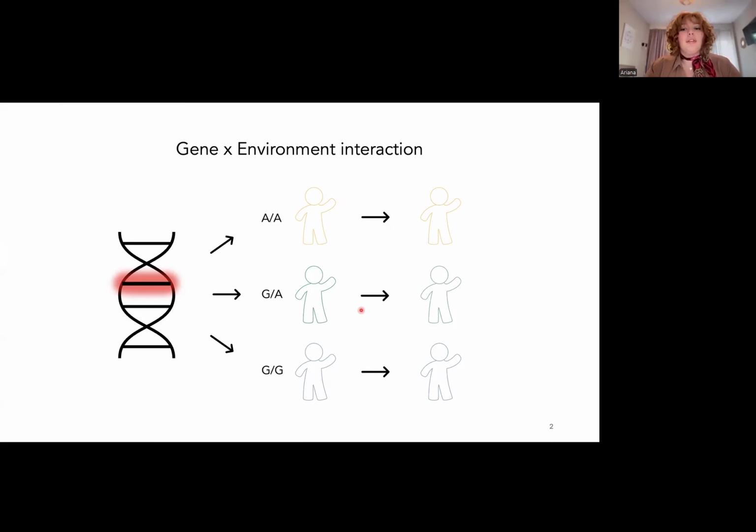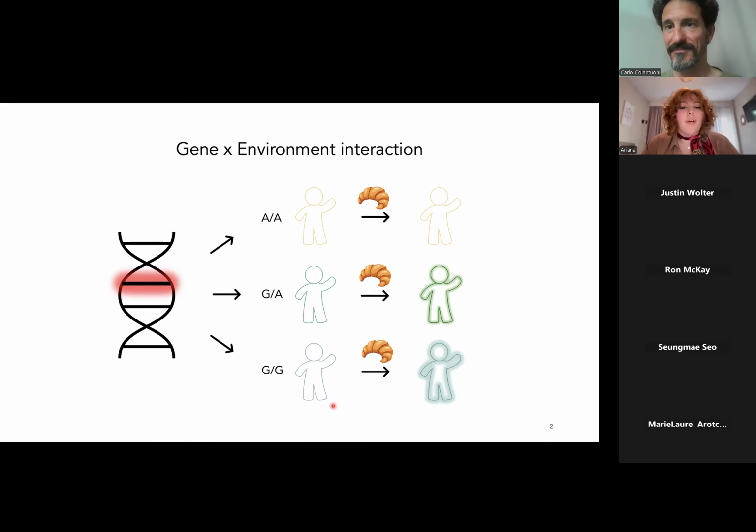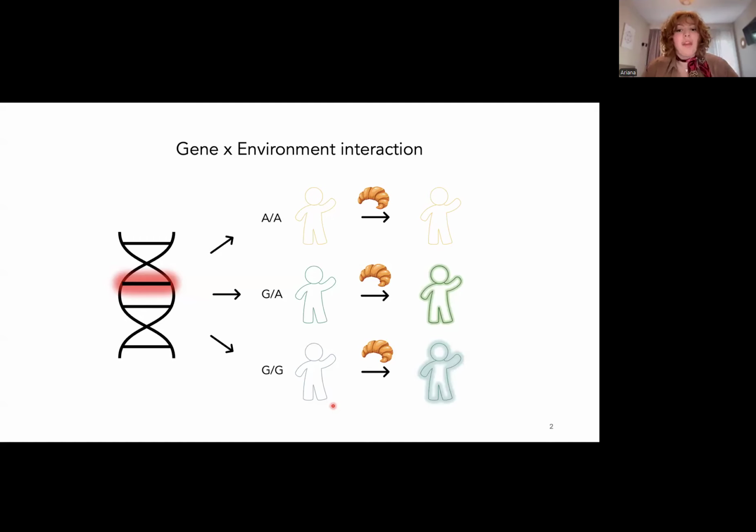It's only in the presence of a particular environment that differences in phenotype emerge. Since we're presenting from France, I won't waste the chance to use a croissant as my exposure. In this example, the G allele confers susceptibility to the croissant. So individuals carrying two copies of the G allele show the strongest response. And the trait can be anything, like fluency in French, for example, or more relevant to today's talk, the development of disorder.